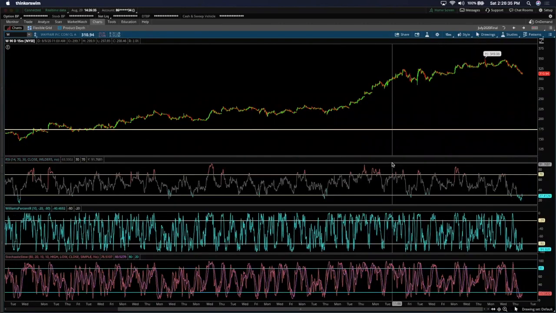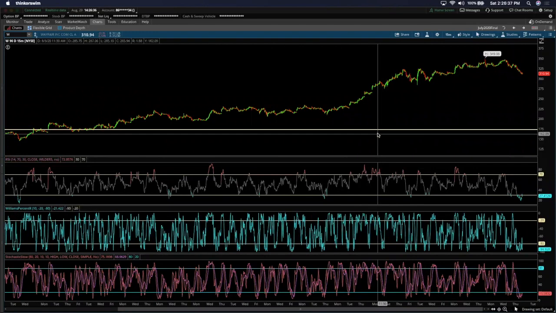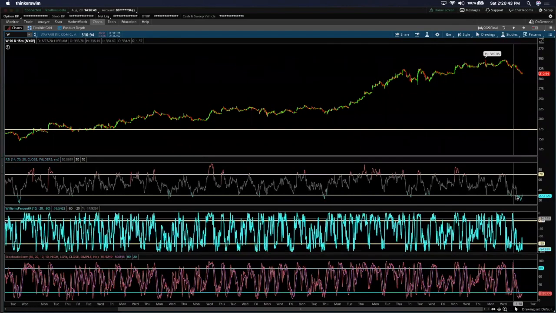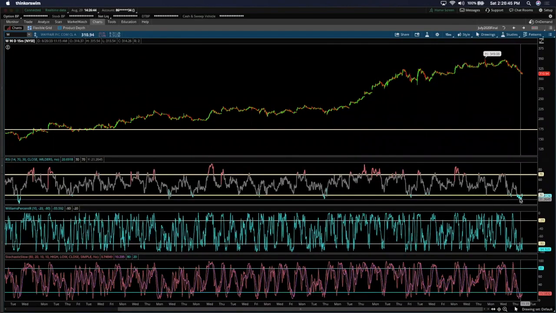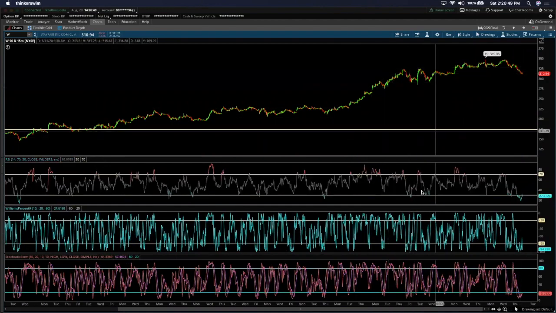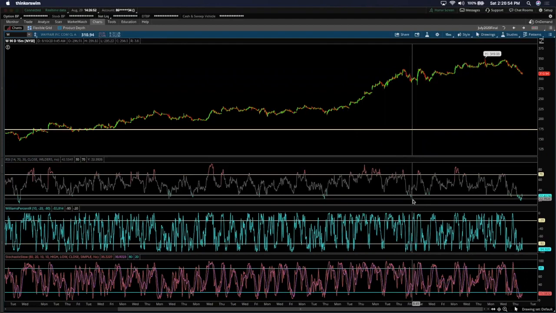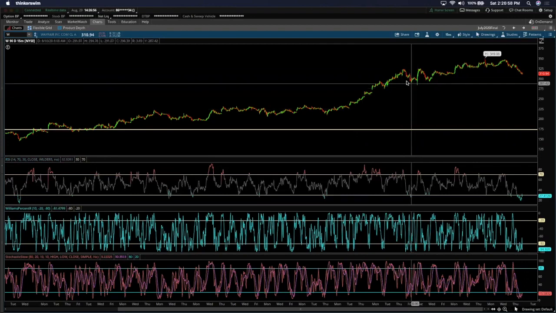Okay, this might look overwhelming a bit, but what I'm trying to signify is, watch here. Everything is oversold at this point. Now let's go back to a place where everything was oversold previously and see how the price reacted. If you see here, this was one occasion where everything was oversold.